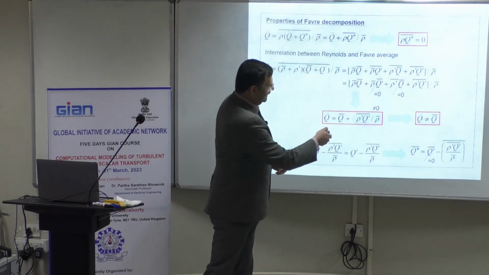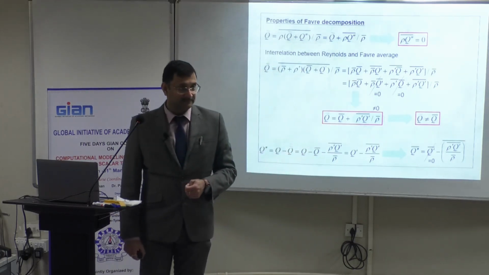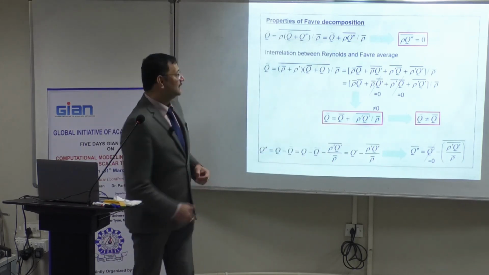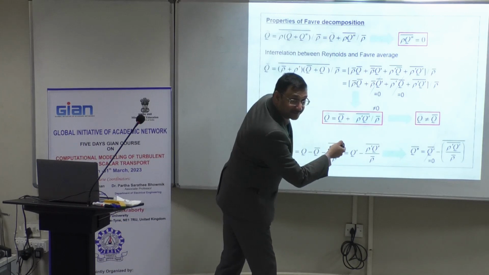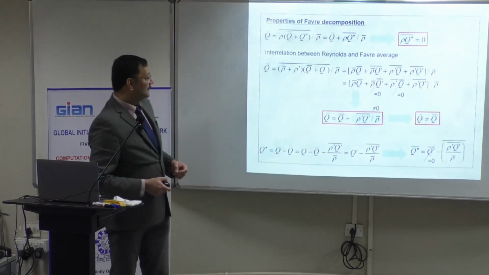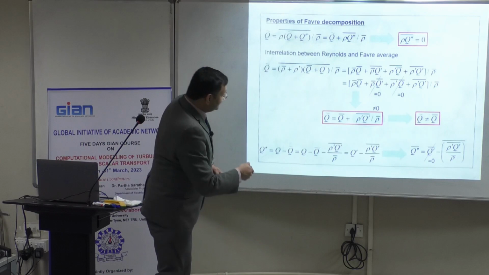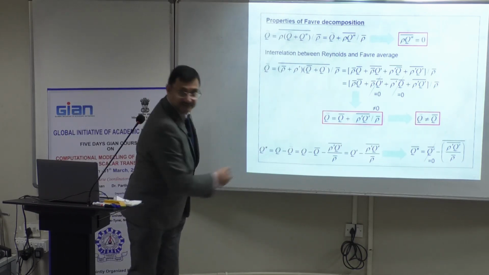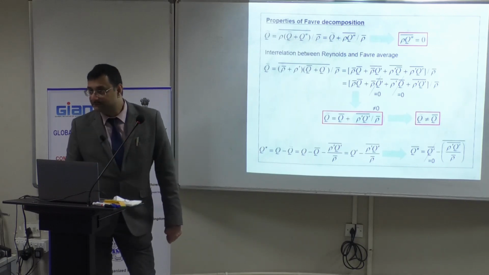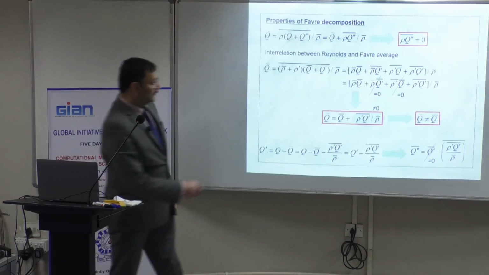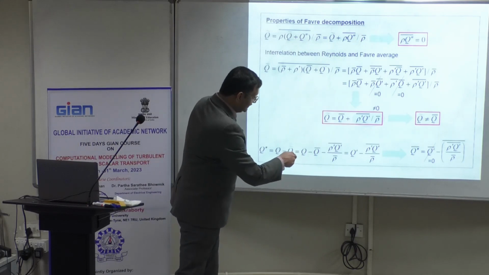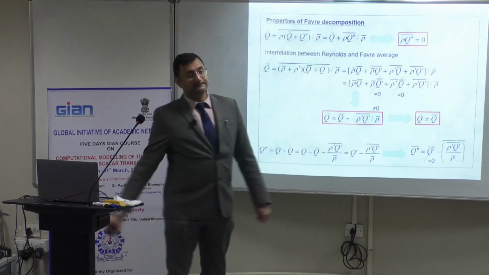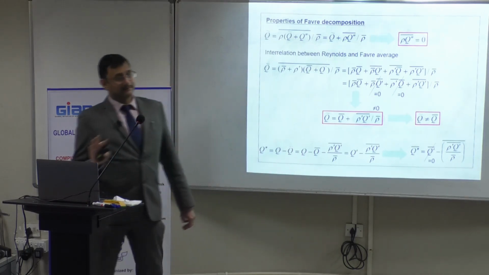This one again is 0, because the mean of density fluctuation goes to 0. This one remains. So, this is the interrelation between the Favre mean and the Reynolds average quantity. Essentially, within the Favre mean, this correlation is already included. Clear?